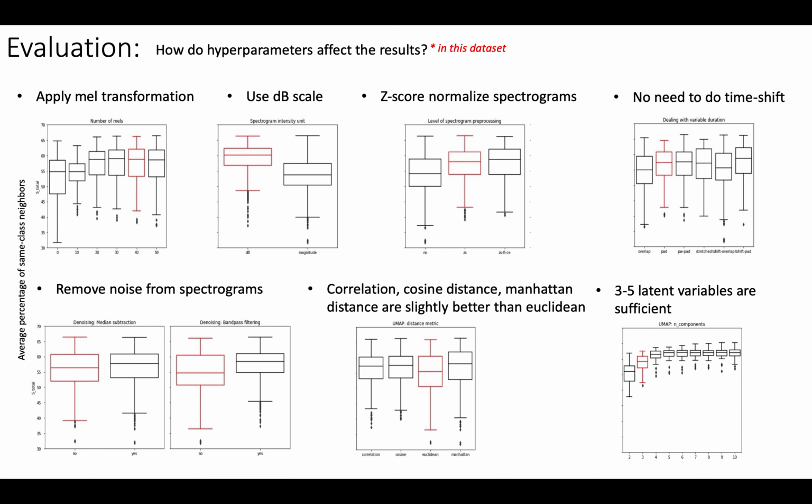However, we did see some effects in our dataset, such as that the application of a MEL transformation was useful, or of a transformation of the spectrogram onto a decibel scale. And we also found that projecting into more than 4 or 5 dimensions in latent space did not further improve the results. So choosing 3 to 5 dimensions may be sufficient for downstream applications.